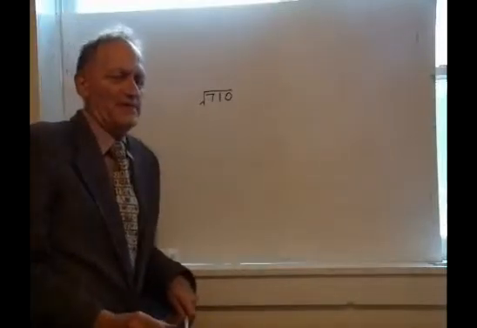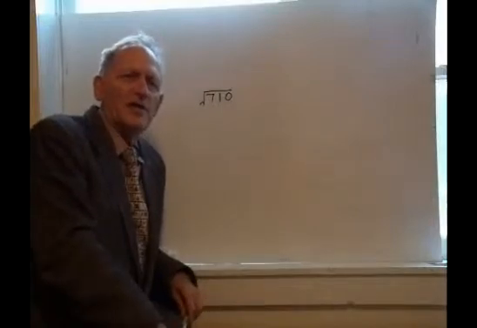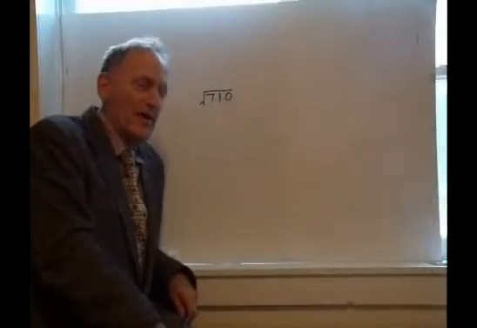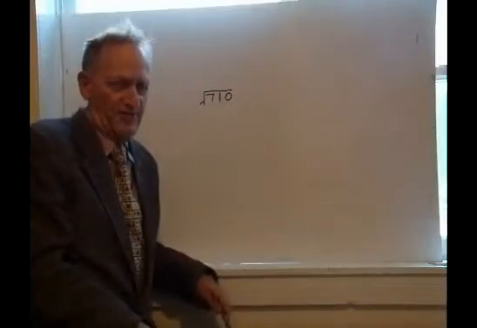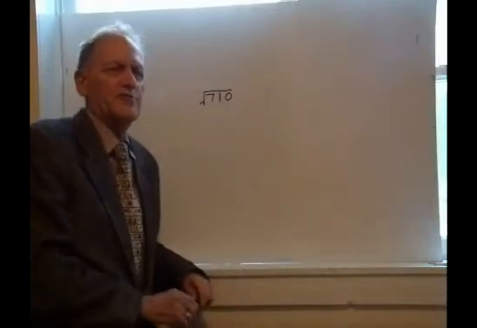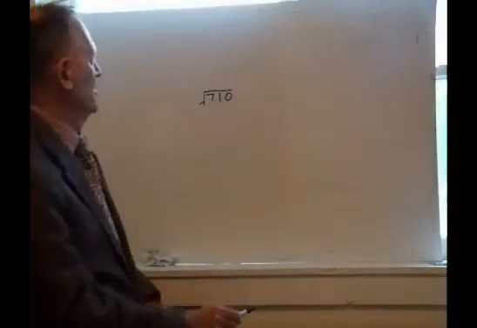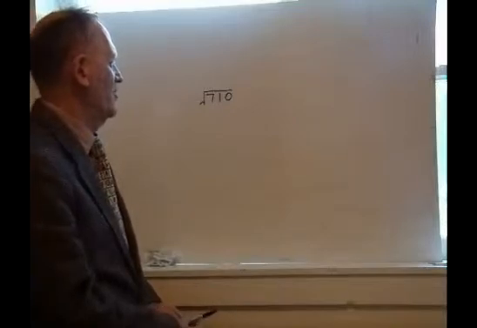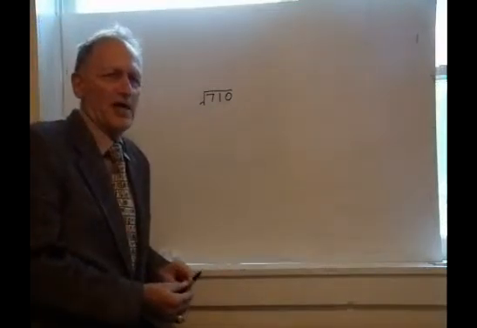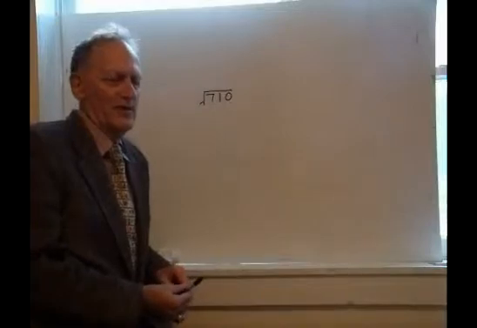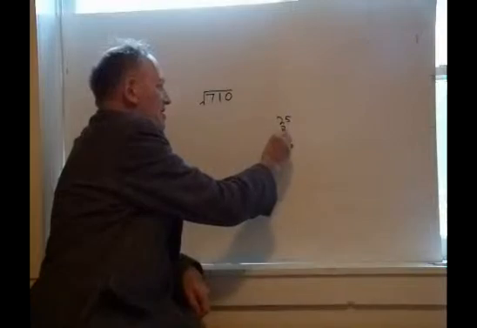I have a number 710, and my first task will be to find a perfect square that is close to this number, but that does not exceed it. And by doing so, this will facilitate our future calculations. So I know that 30 squared is 900, 20 squared is 400.